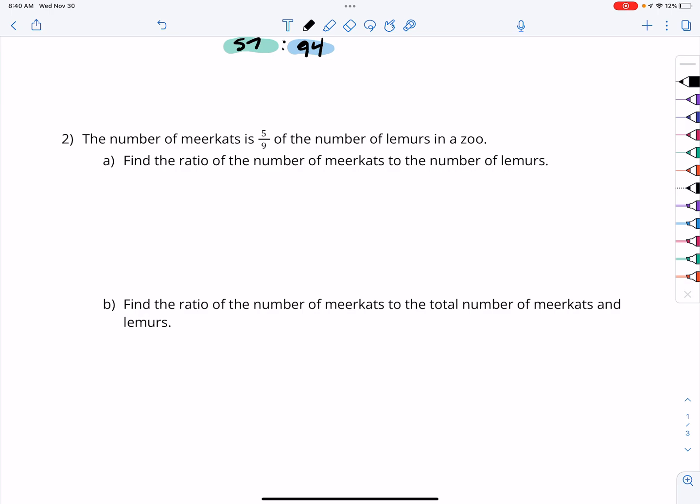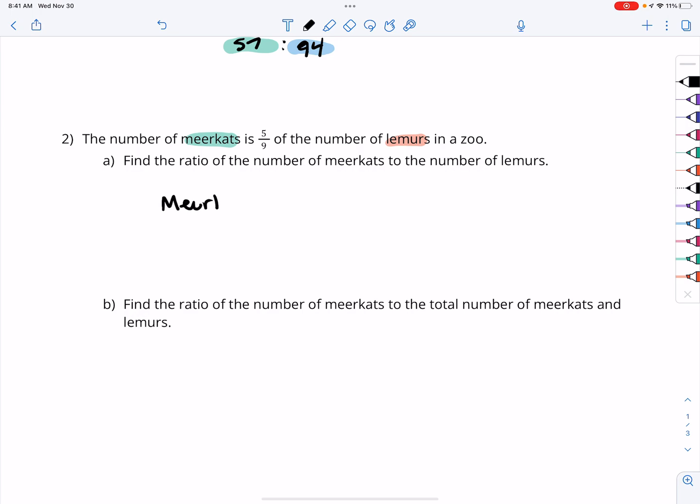So now, the number of meerkats is 5/9 of the number of lemurs in the zoo. Or, in this case, it sounds like it could be a ratio of 5 to 9. So I like to, again, color code. So we have our number of meerkats, our number of lemurs, and I am going to write this in the order that is provided in the question.